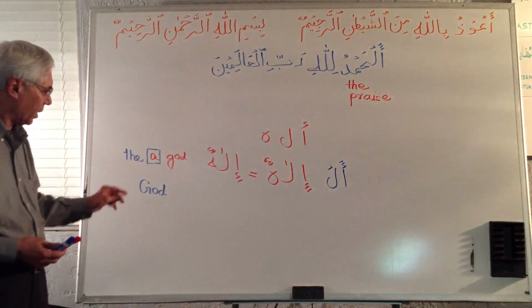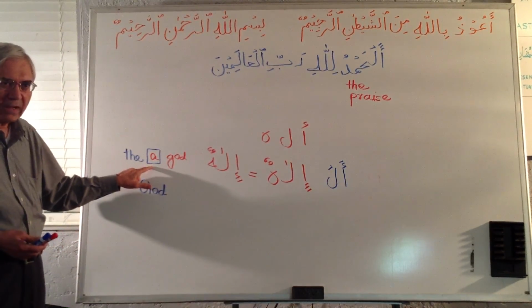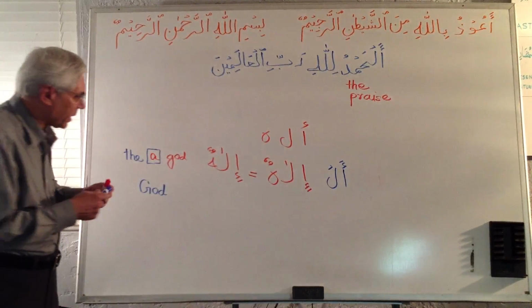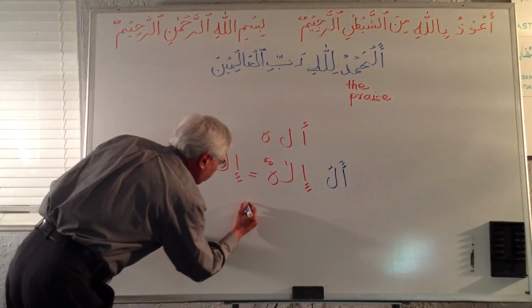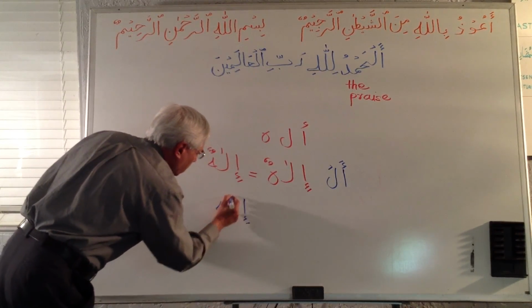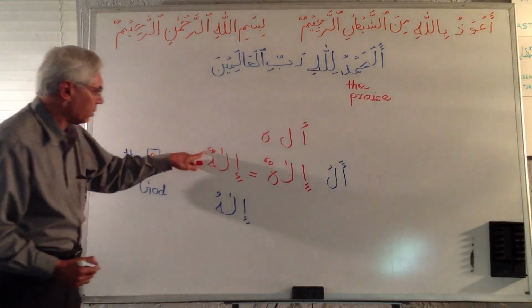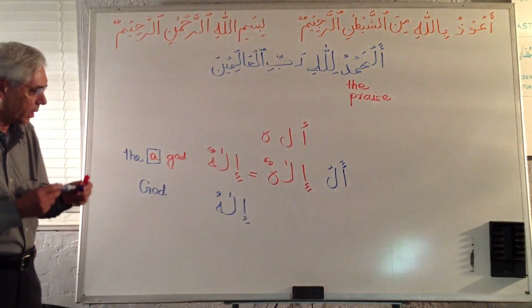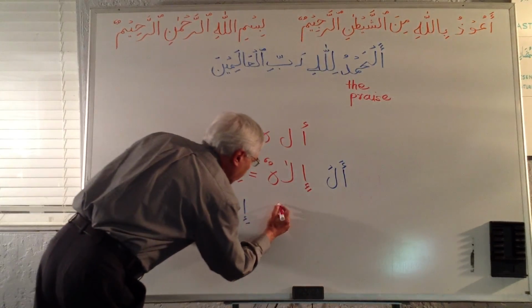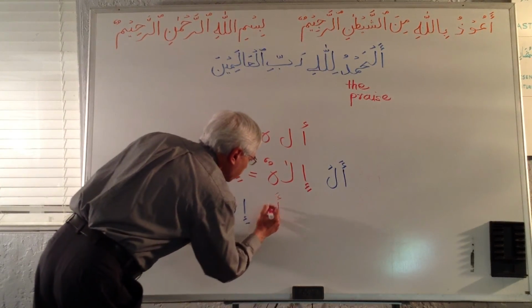That's the rule. If you remove a from here, you remove one pesh from there. So this became ilahu. One dhamma went away. And we also know that al is written before that.